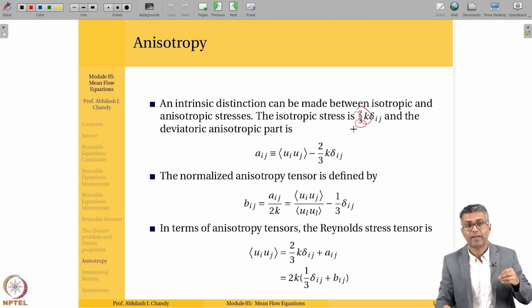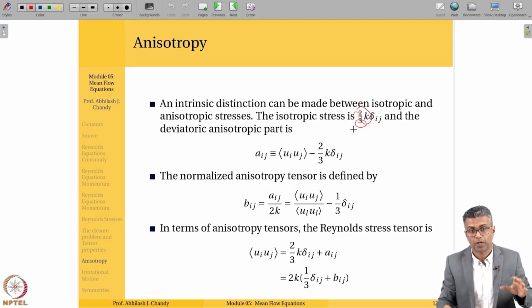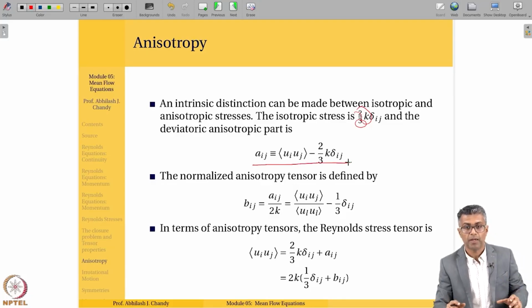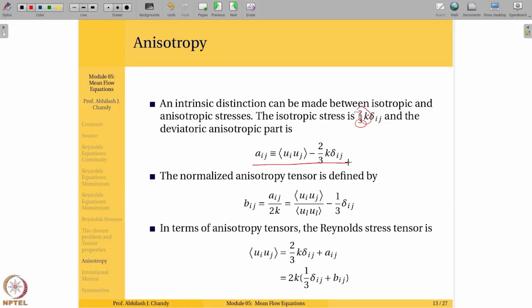And now if I write the anisotropic part, which is the deviatoric anisotropic part, I have Aij equals UiUj mean minus 2/3 K delta ij. Now, why am I doing that?